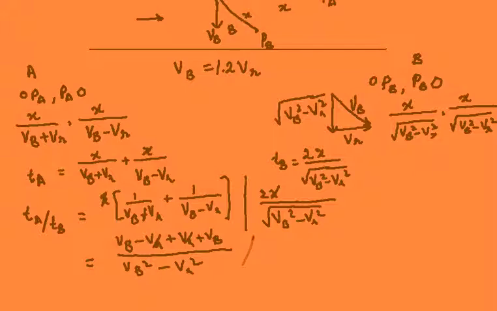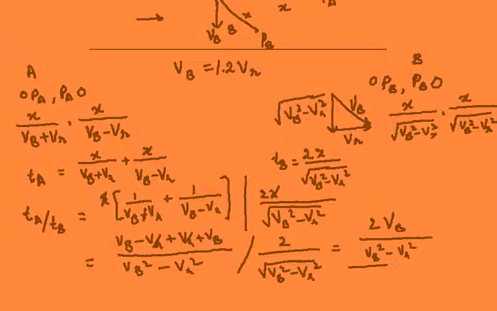This is divided by 2 into root over Vb square minus Vr square, which leads to 2Vb by Vb square minus Vr square, divided by 2 by root over Vb square minus Vr square. So the 2 and this 2 get cancelled. This particular term is nothing but the square of this term, so I would just cancel this and have a square root here, so that my life gets easier.